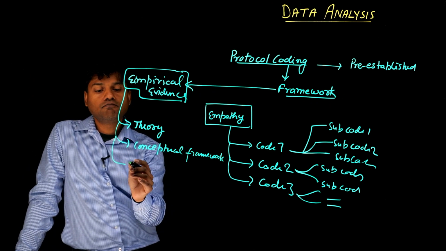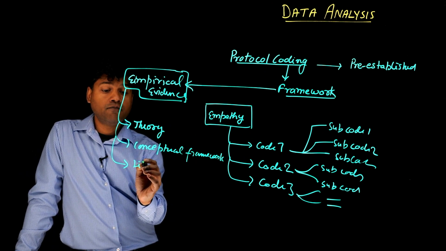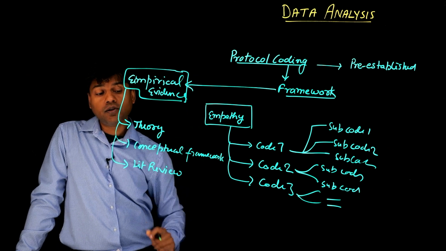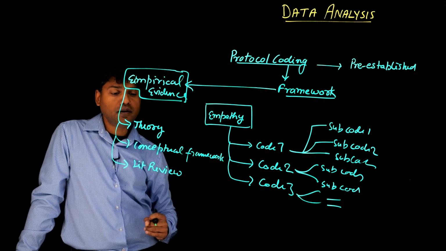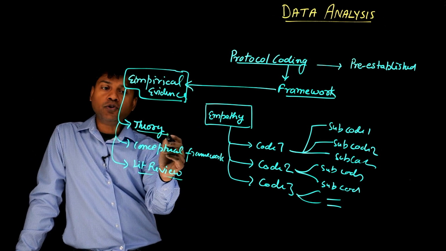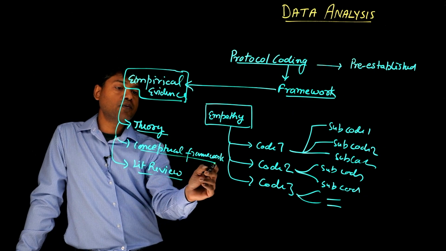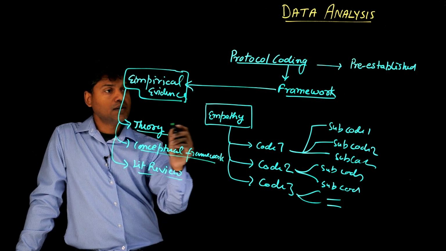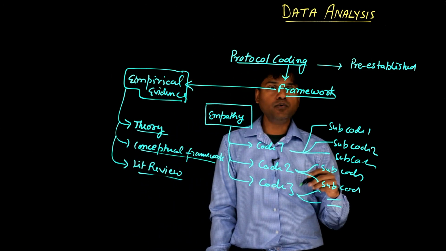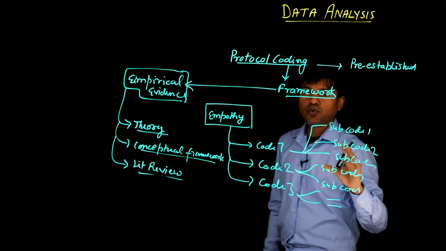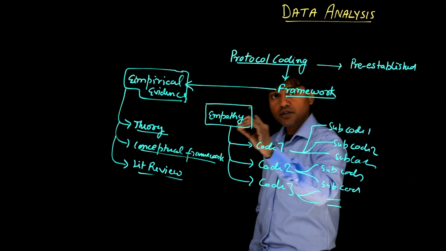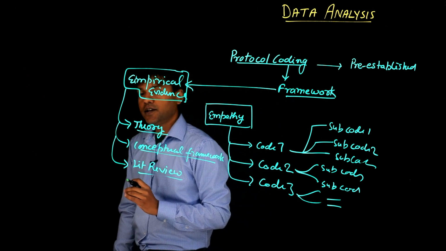You can use a literature review, like prior studies which have already been done, and based on that literature review, maybe some theory in your field, or maybe a conceptual framework, you establish your coding framework. And when you code your data, we use the codes which fit the excerpt that you are coding.